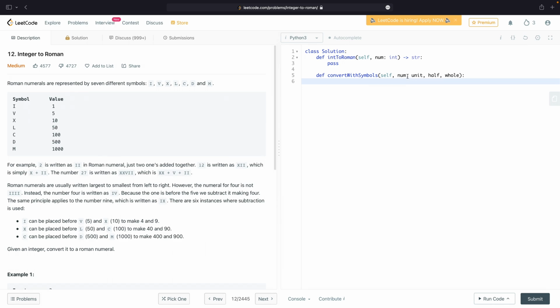So the idea here is basically that num is a number from 0 to 9.